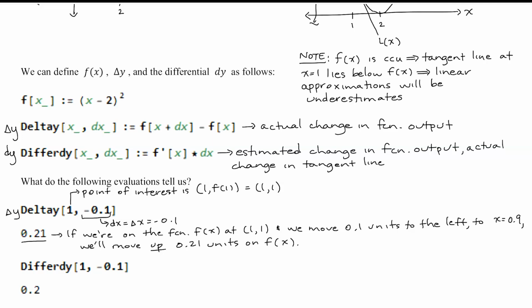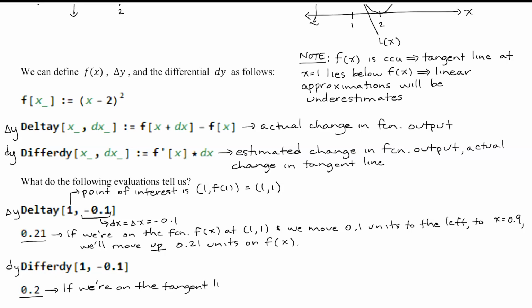This is on the function f of x, right? So again, delta y is about the actual change in the function. Now the differential dy at (1, −0.1), if we evaluate that, we get a value of 0.2.